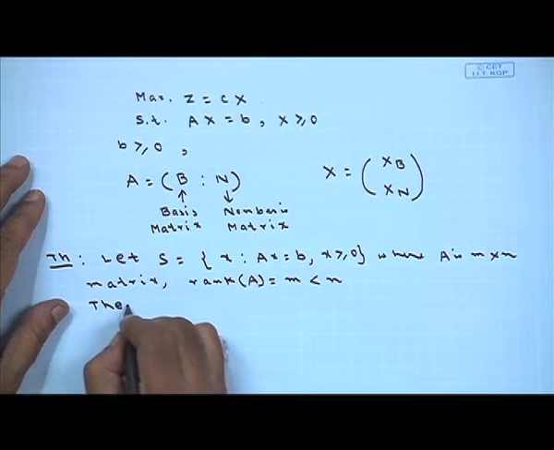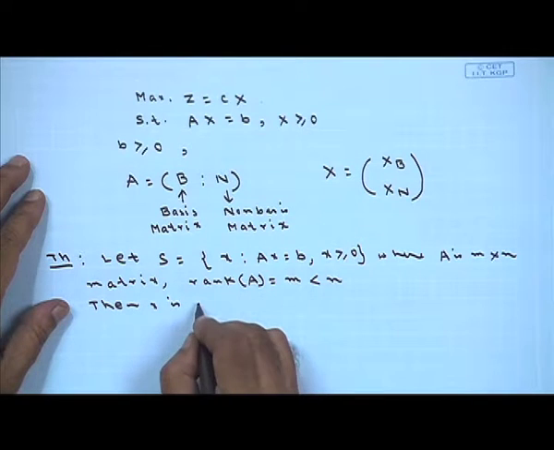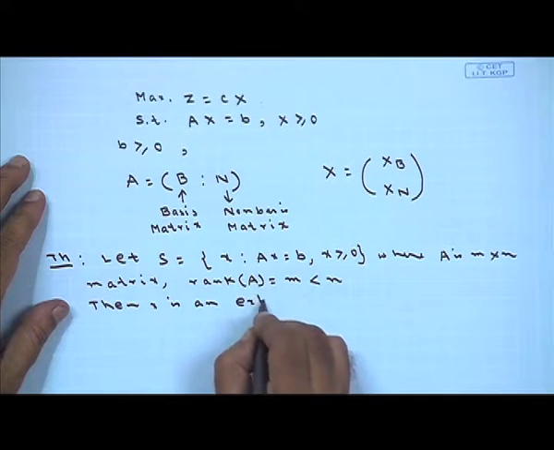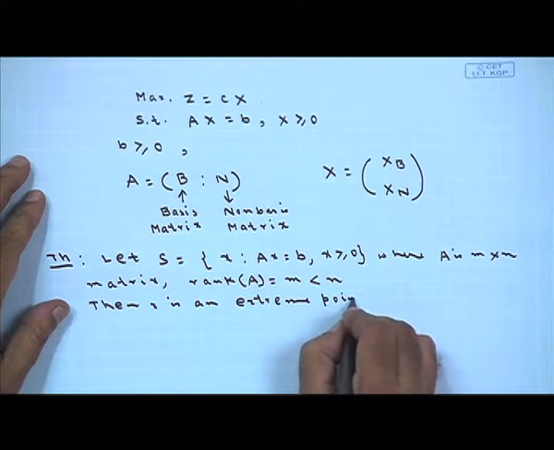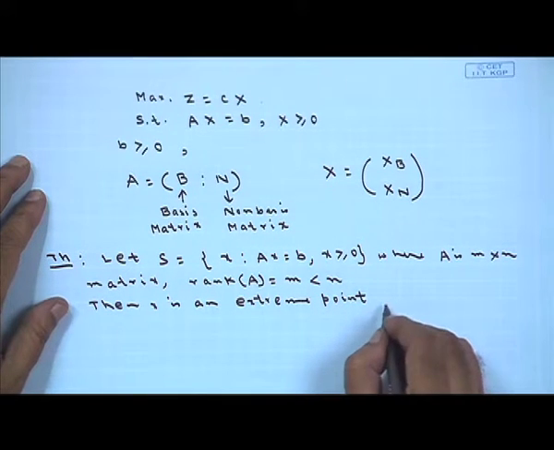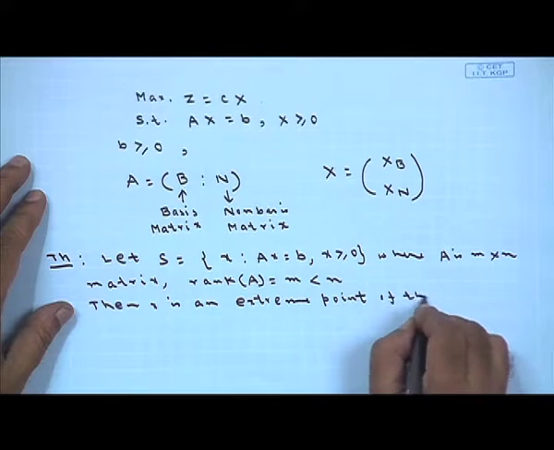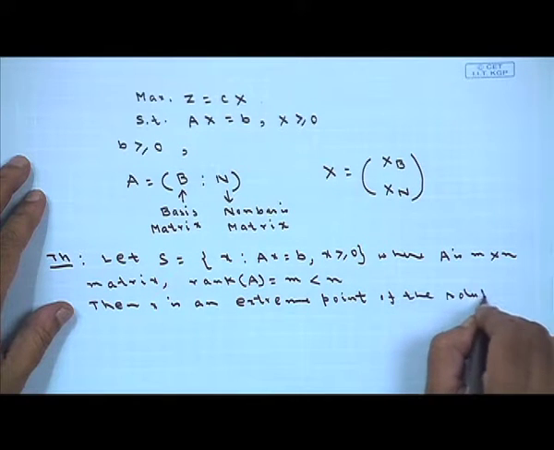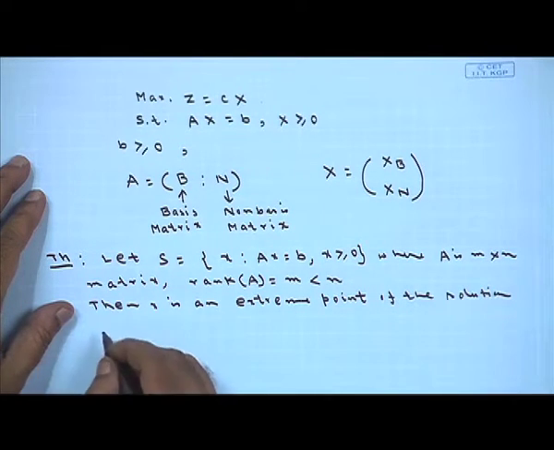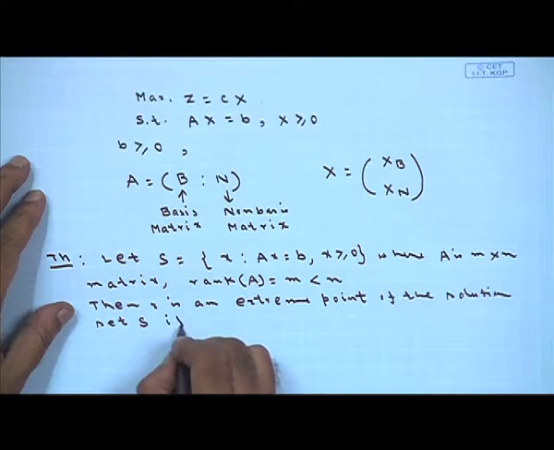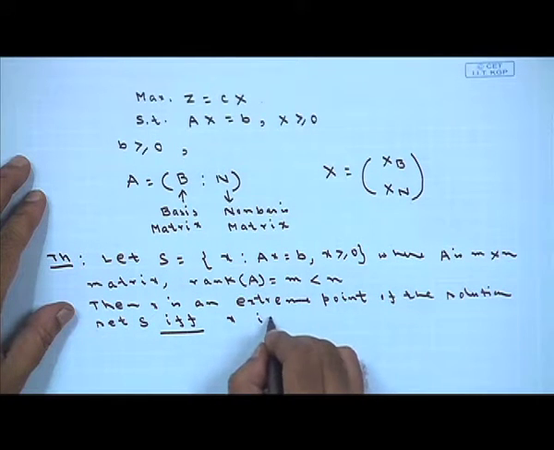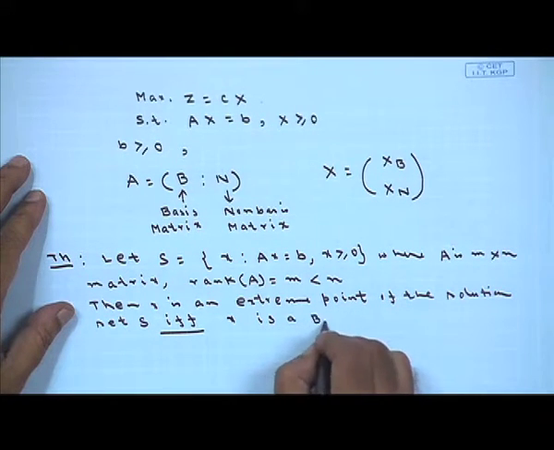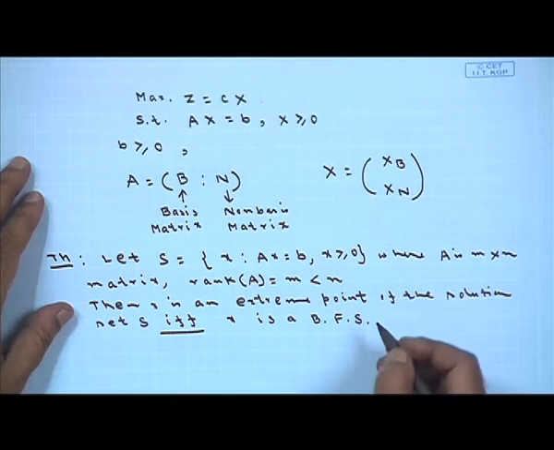Then x is an extreme point of the solution set S if and only if x is a basic feasible solution. We already know what an extreme point is.